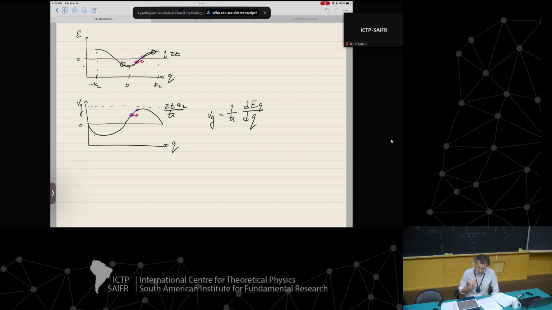Then in group velocity, something can move up to here and down to here. And one of these is a cosine and one of them is a sine, right? So if I'm conserving energy, let's conserve energy in these elastic collisions. And we're going to conserve quasi-momentum.